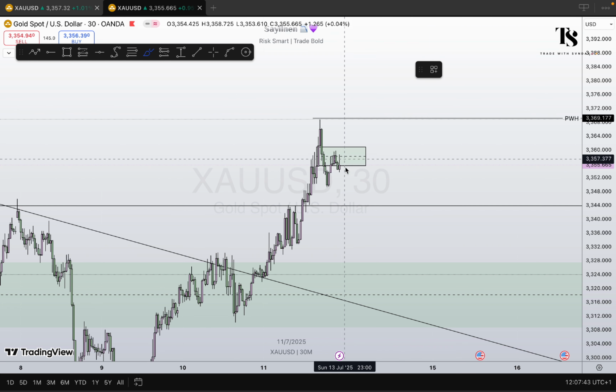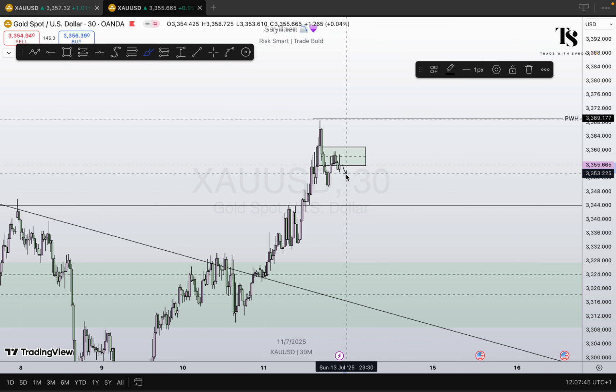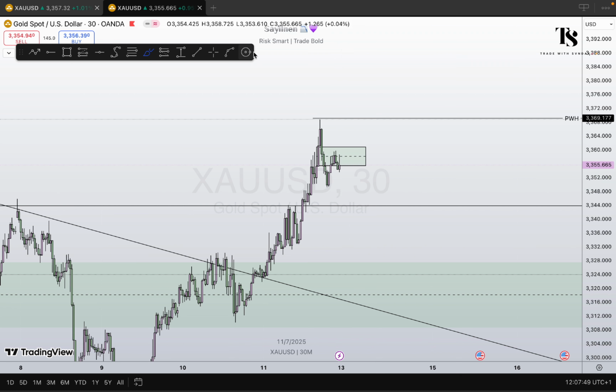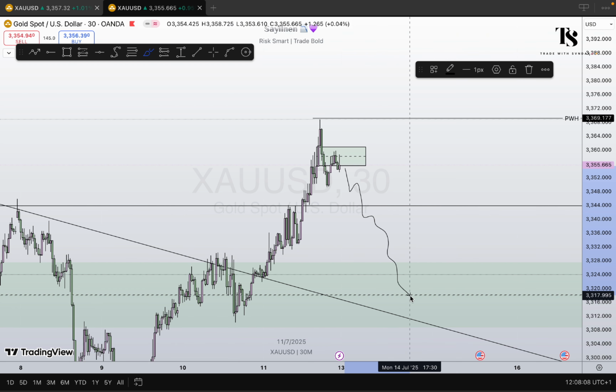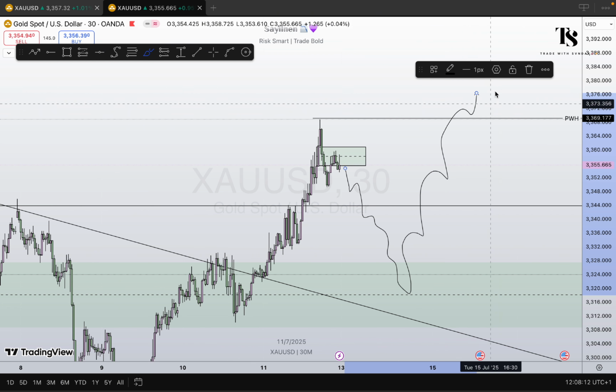But what I want to see with the open is price closing below this, retesting this level, and then either picking the buys around this point, that is the 33.44 region, or going down to 33.27 down to 33.17 and 18 before we push up. That's what I would want to see.